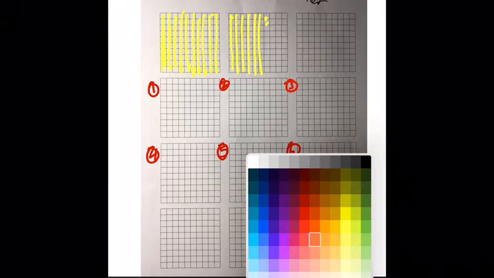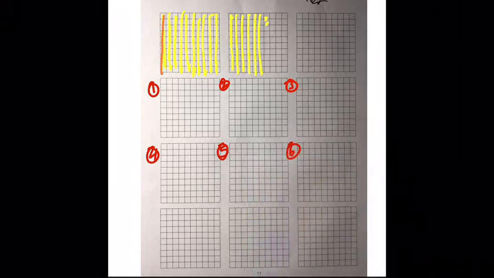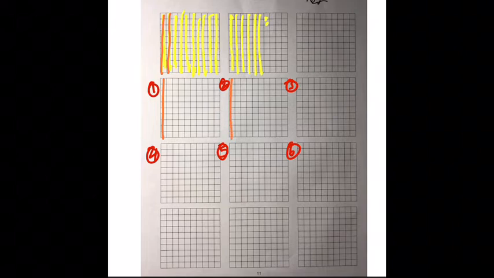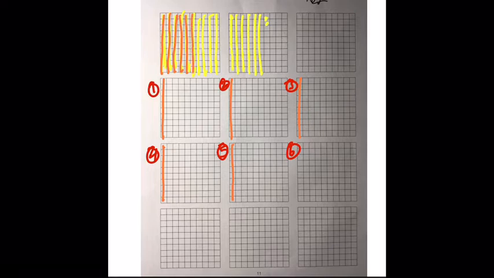So we have 1/10 or 10 hundredths that I'll give to pipe 1. Another 1/10 or 10 hundredths to pipe 2. 1/10 or 10 hundredths to pipe 3, pipe 4, 1/10 to pipe 5, 1/10 to pipe 6.